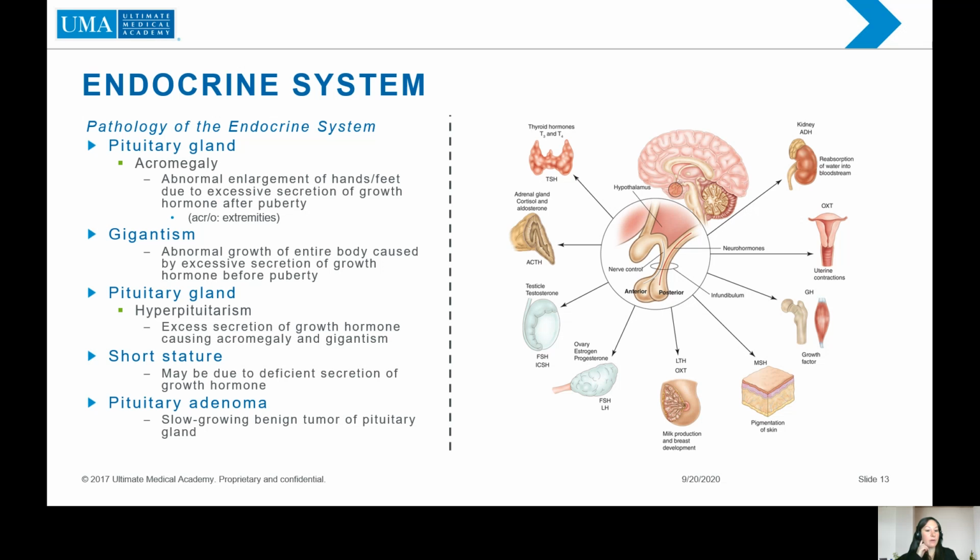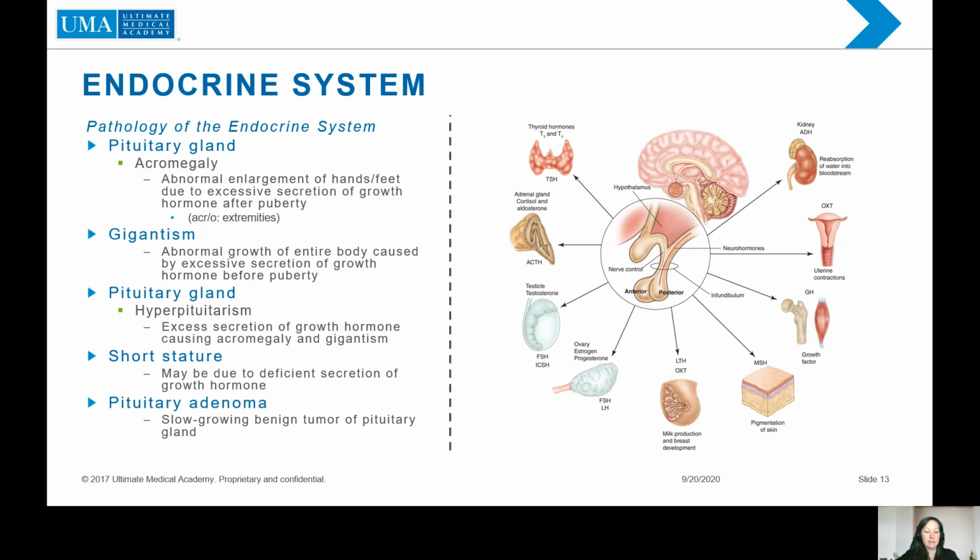And remember, ACR slash O with the combining form means extremities. So large extremities. So the pituitary gland is causing maybe an excess of growth hormone once puberty hits, and then the feet and the hands get really large.